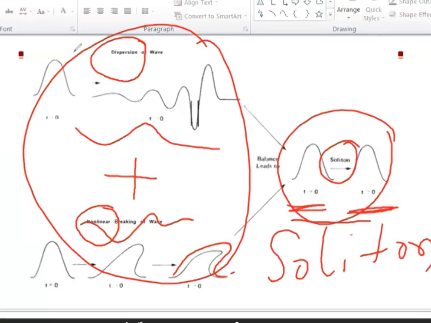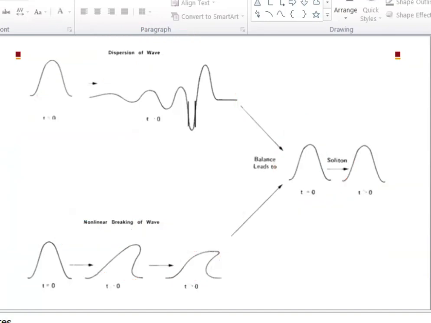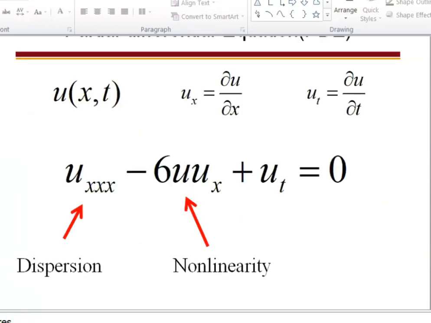That is why we call it a soliton. So in the next few slides, we are going to see the solution. You are going to study this equation. It has dispersion and nonlinearity, then see its effect, and see that there is a possibility of having a solution something like a soliton.